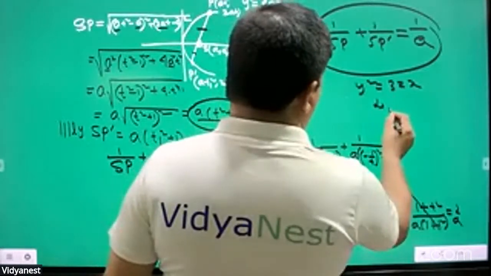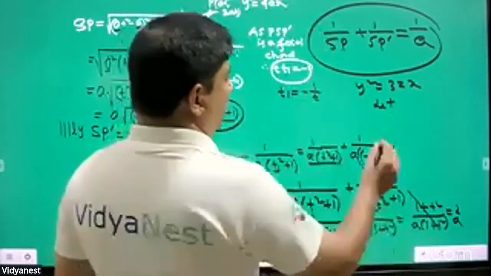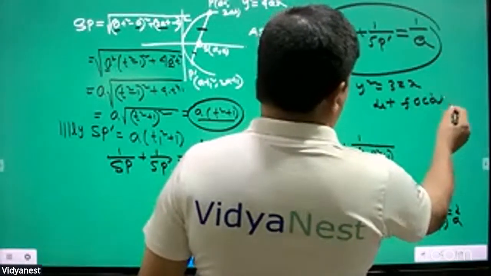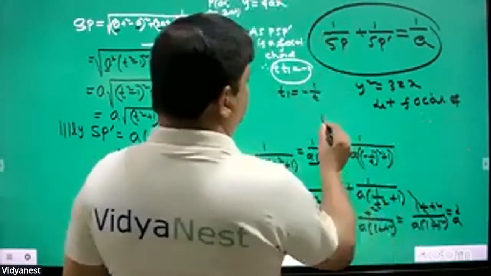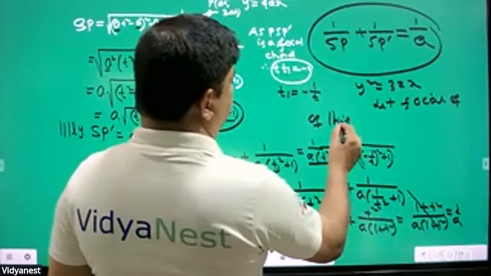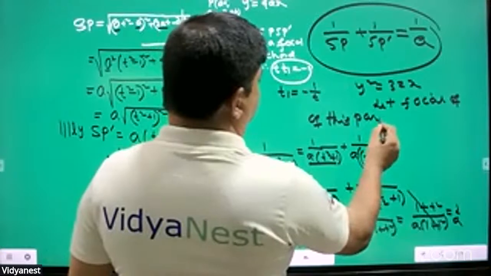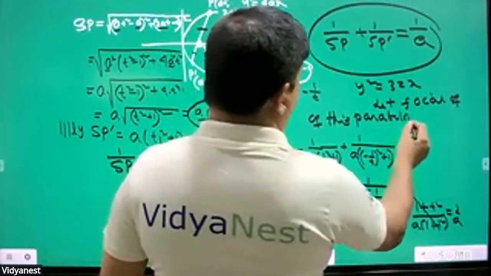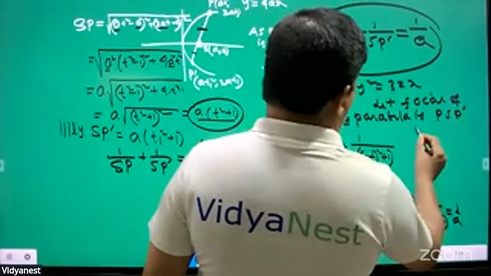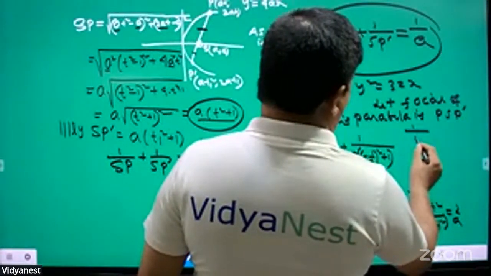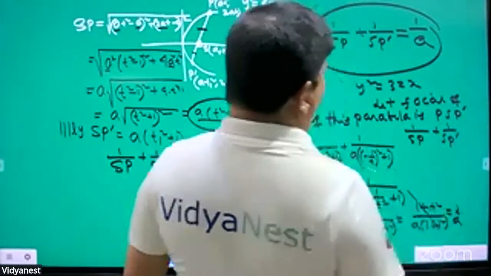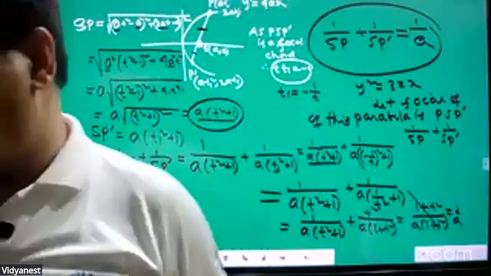Let focal chord of this parabola be PSP dash. Can you tell me this result now? Can you tell me?